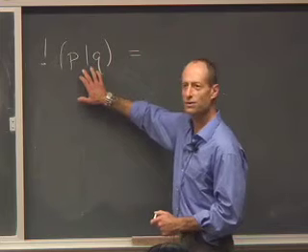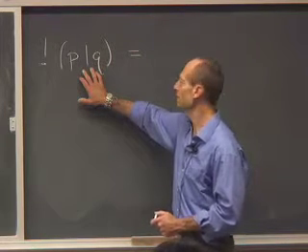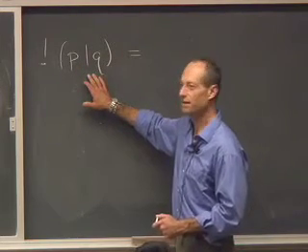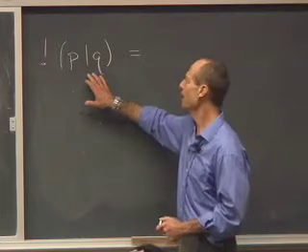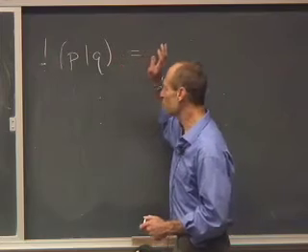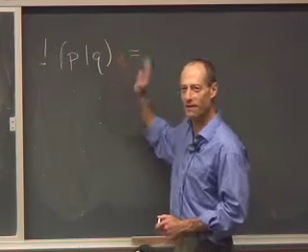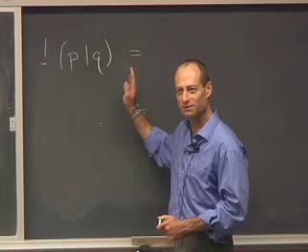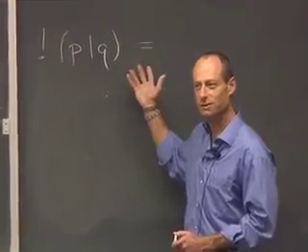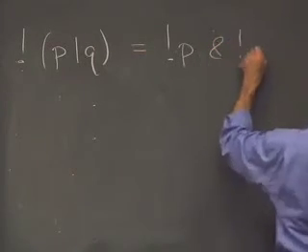It's false only if both are false. So if I want to negate it, I have something that is true when both P and Q are false, and otherwise it's false. So this is not P and not Q.